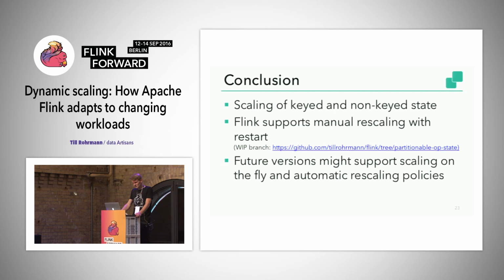What we haven't done yet is run benchmarks between the old version, where we didn't have key groups, and the version where we've introduced them. But I think the overhead is negligible with respect to the usual I/O waiting time you have in your job.